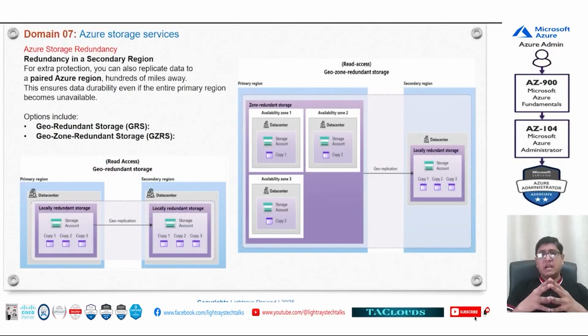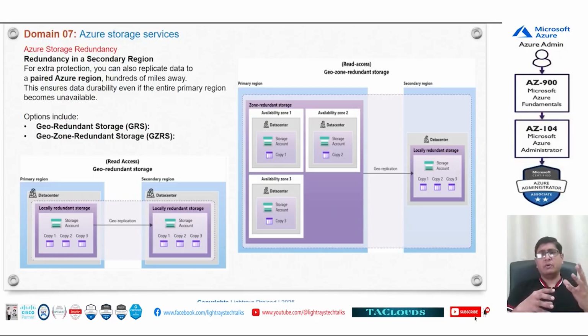We have two more options, GRS and GZRS. GRS means geo-redundant storage, and GZRS is the geo-zone-redundant option. Now, if you see on the left side of the picture, it is storing in a primary region and a secondary region.